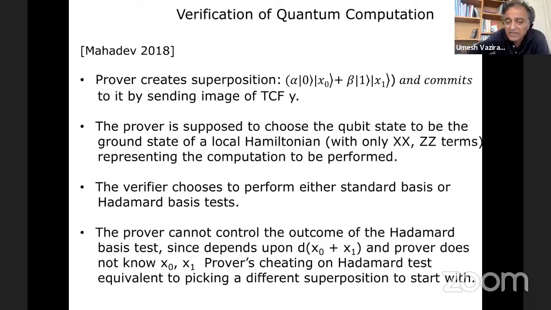So essentially, if the prover cheats, then the cheating is limited to the following: it's as though the prover, instead of choosing this particular superposition alpha beta, chose some other superposition alpha prime beta prime and answered according to alpha prime beta prime on both standard and Hadamard basis tests. And since the prover was completely free to choose any qubit state as their guess for the ground state, or an approximation to the ground state, they really have no reason to deviate from this protocol. As long as they can choose any state that they want, they may as well choose the right one.